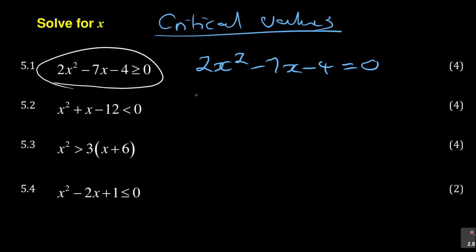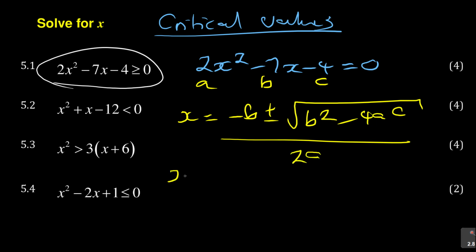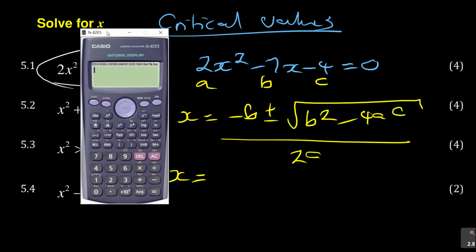When you're solving for x, this is my a, my b, and my c. Remember, x is equal to minus b plus or minus the square root of b squared minus 4ac, all over 2a. We have done this before, but I'm looking for critical values now. So the calculator obviously comes in handy at this stage.